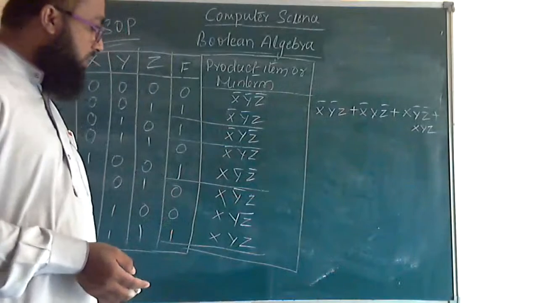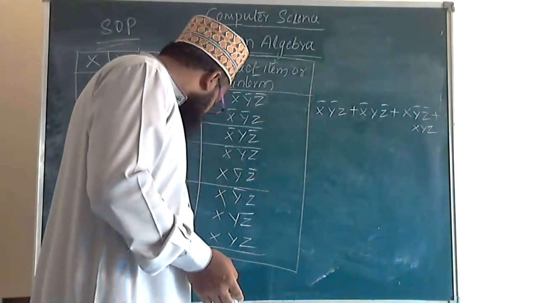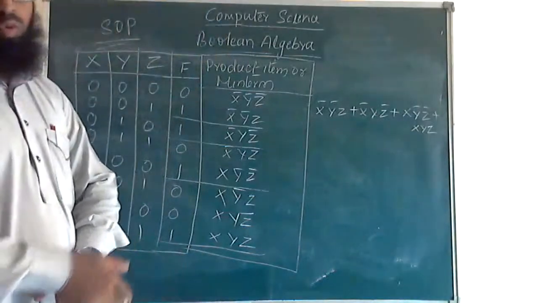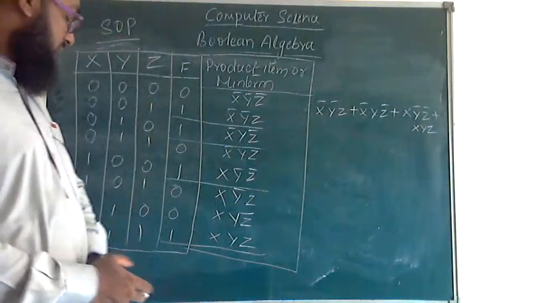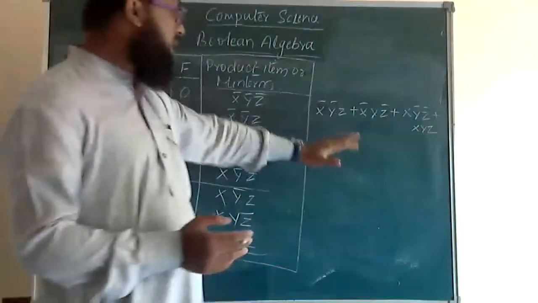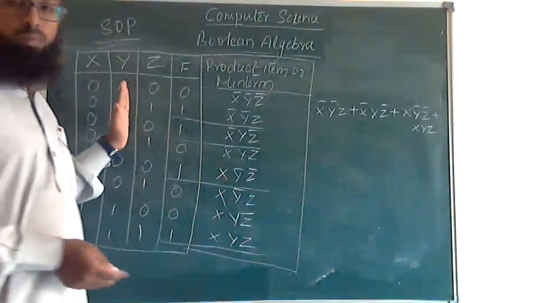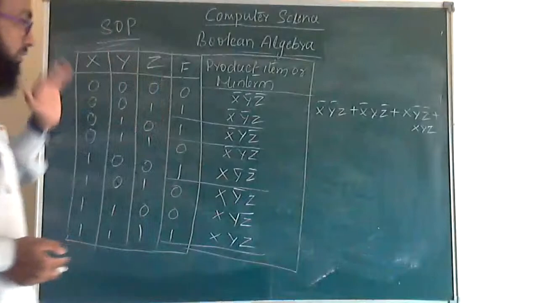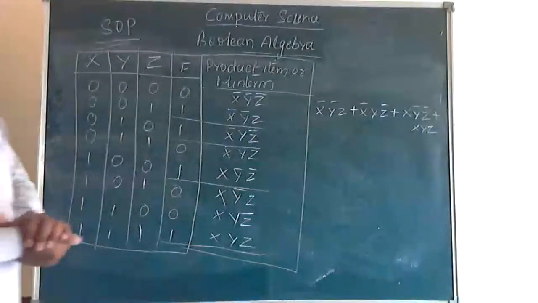Hope you have understood this. Like this, we have to create a canonical SOP form. Canonical SOP means canonical sum of product form. Like this, we can get the canonical sum of product form with the help of a truth table. First of all, write down the variables as they are.